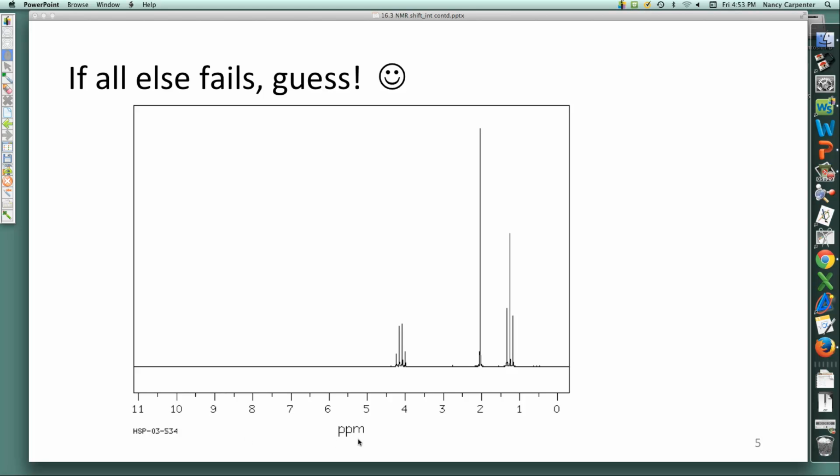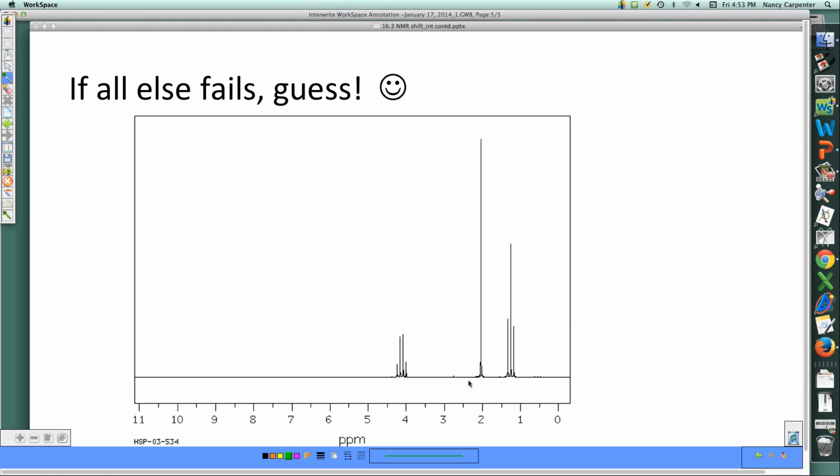All right, the third way to deal with integration is, if all else fails, guess. This is obviously not something you're going to want to do from the get-go, but as you get better at NMR, it's pretty easy. You're going to recognize that something that shows up around 1, it's not at all unusual for it to be a methyl group. So I'm going to guess that this is around 3 hydrogens.